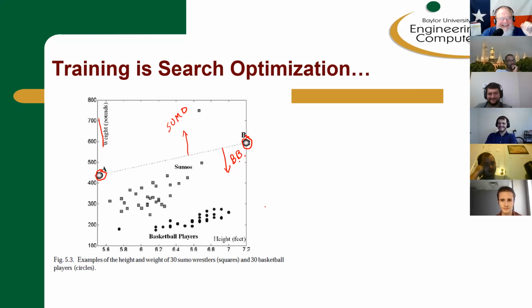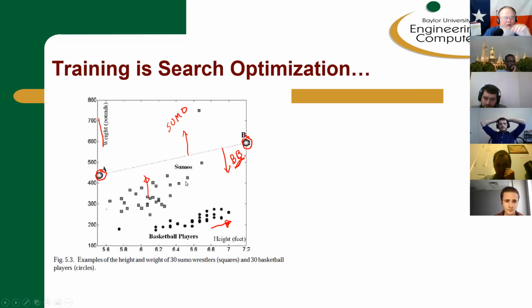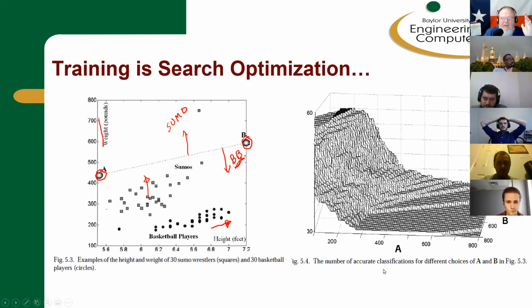Okay, very good. So this is basketball, because we know basketball players are usually taller, but sumo wrestlers are pretty heavy. So all the sumo wrestlers are going to be up here. We do the search and look at the number of correct classifications for all values of A and B, and we get this curve here.